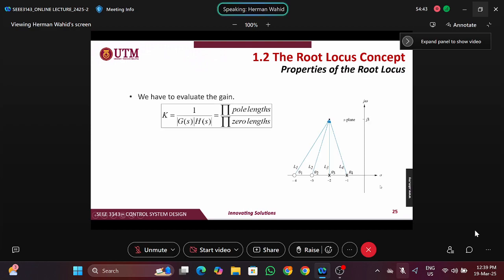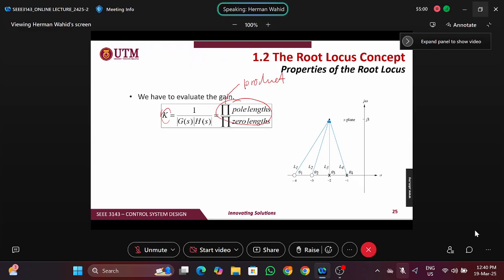So now we are trying to use another formula to get the value of K. It is this part, so this is the product of pole lengths divided by the product of zero lengths.